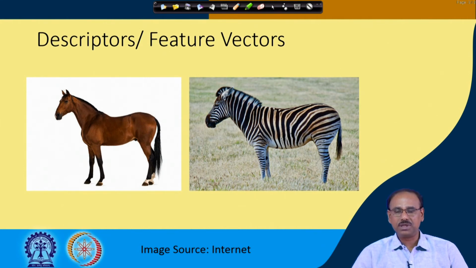So, if I want to distinguish between a horse and a zebra, or given an image, if I have to recognize which is the image of a horse or which is the image of a zebra, then possibly I will make use of both the shape information as well as the region properties, which will help me to identify which figure is the figure of a horse or which figure is the figure of a zebra.